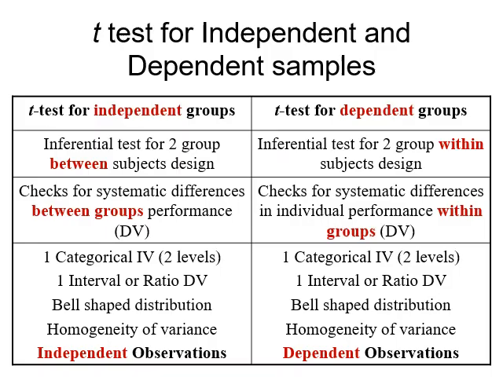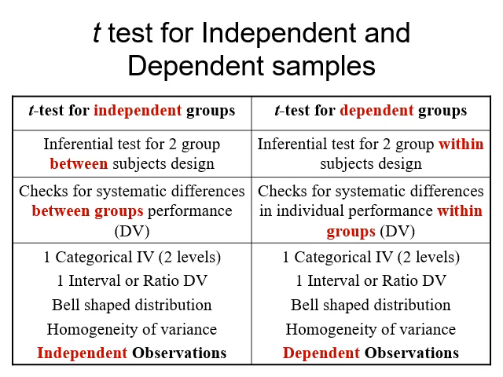And again, let's talk about when we would or would not use, and what are the assumptions of, these two different tests. So first, on the left-hand side is our t-test for independent groups, or between subject design. It's an inferential test for two groups, between subject design. There are different people in those groups, and those people have not been matched in any way.